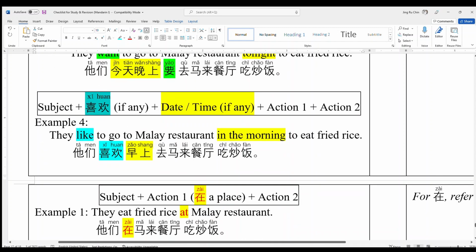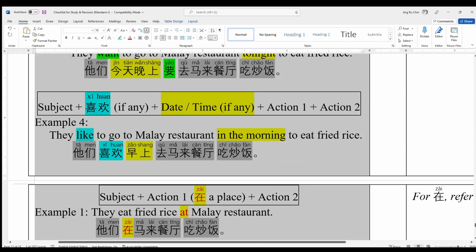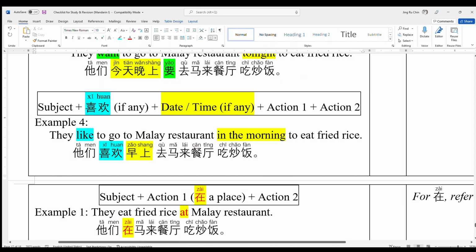So let's try this. You see the example here. They like to go to Malay restaurant in the morning to eat fried rice. 他们喜欢早上去马来餐厅吃炒饭。So you see the action 1 and action 2 still appears here, but the word 喜欢 means they like to do this.